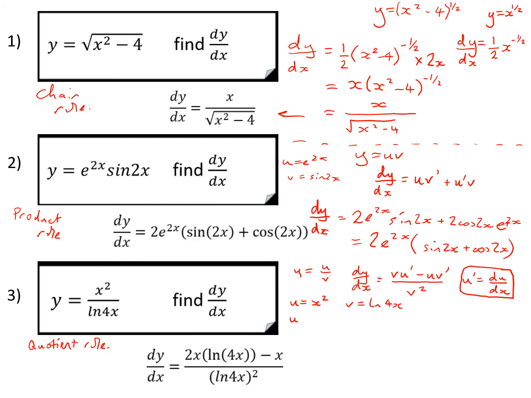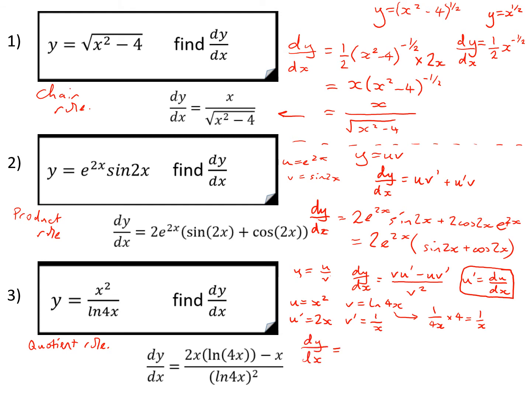Now u dashed, differentiate x squared, you get 2x. v dashed, if you differentiate natural log of 4x, you get 1 over x. Another way of thinking of it is 1 over 4x multiplied by the differential of the brackets, so you multiply by 4, so you get 1 over x. Now sub that all into your formula.